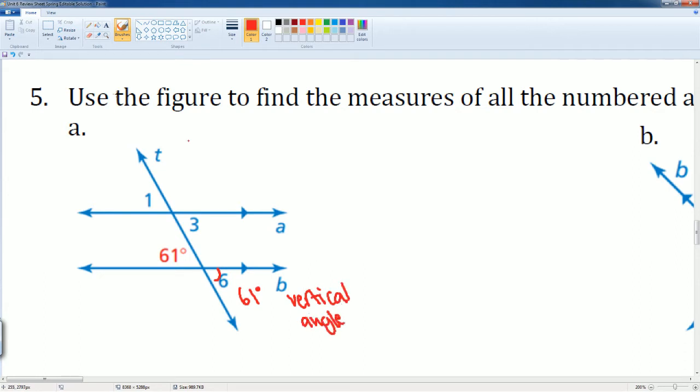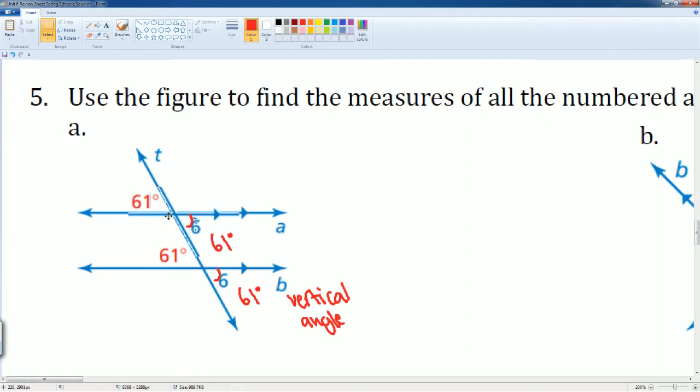And then what we can do here is grab these angles and translate them above, right? These are the original angles. And now watch me translate it up the line. So I slide it. Notice what happens.